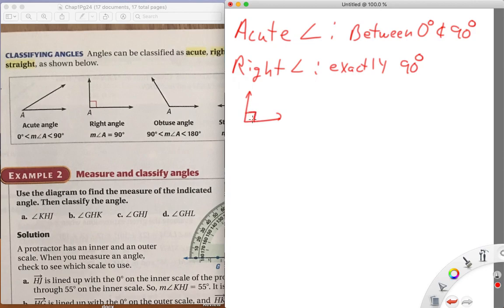It has the little box here, and that tells me that it's 90 degrees. Obtuse is an angle between 90 and 180.